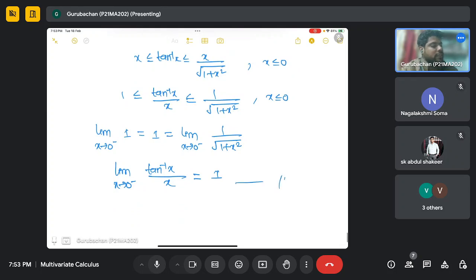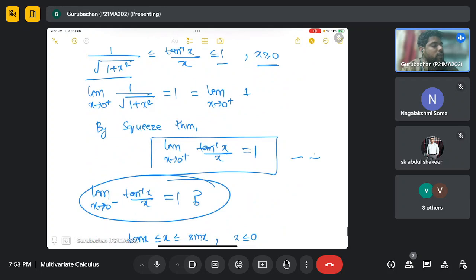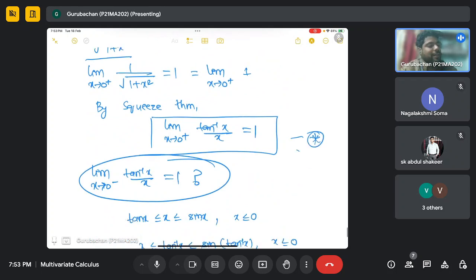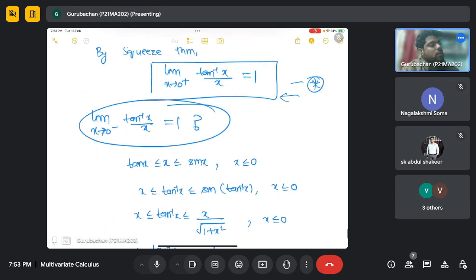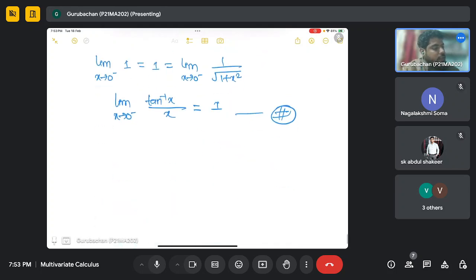So from this hash equation and this star equation, this will tell us about the right hand limit, while this tells us about the left hand limit. Since the right hand and left hand limits are the same, we can say that this limit exists and will equal 1.